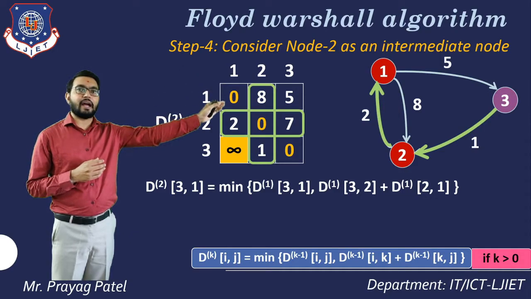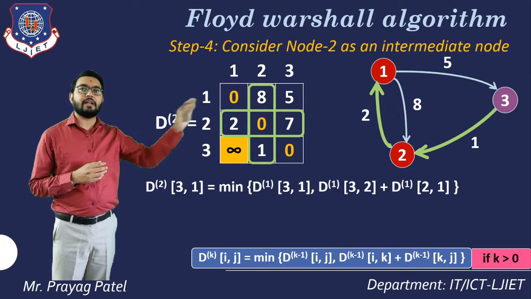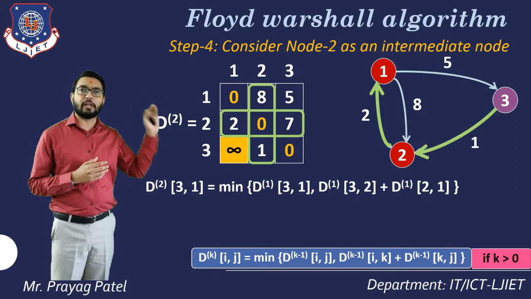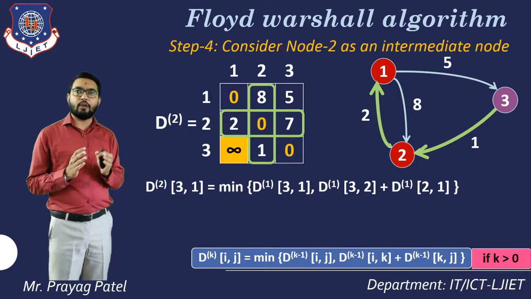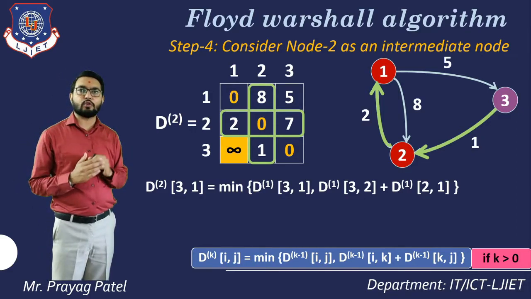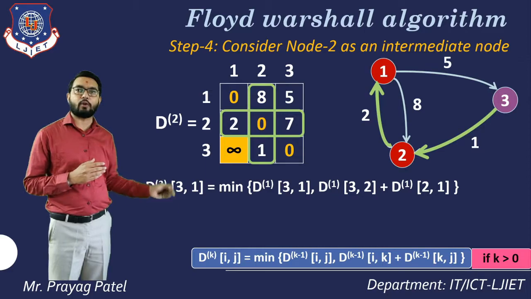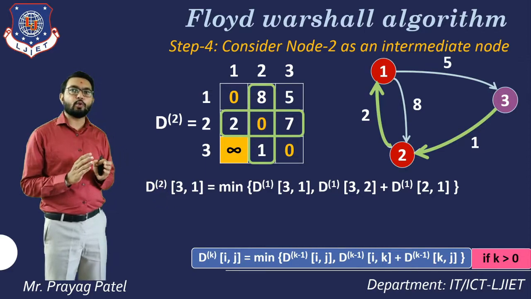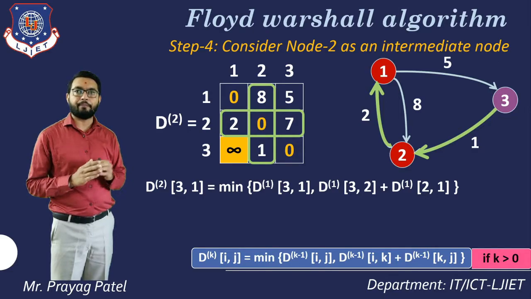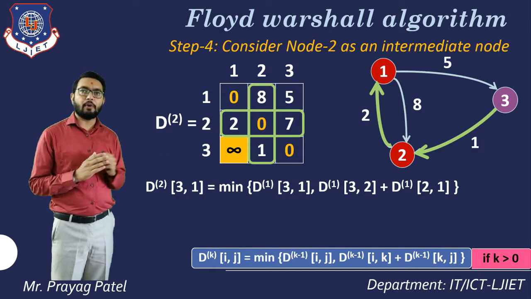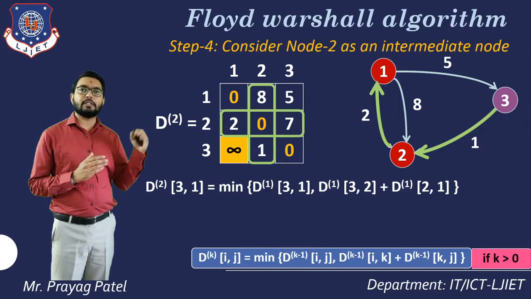In this graph, the green shaded edges are your path from 3 to 2 and then 2 to 1. Now you already have an infinity value in that location, so consider both values. According to our formula, D2, 3, 1, the path from 3 to 1 in table number 2, equals the minimum of D1, 3, 1 comma D1, 3, 2 plus D1, 2, 1.